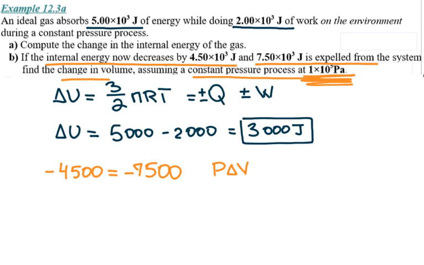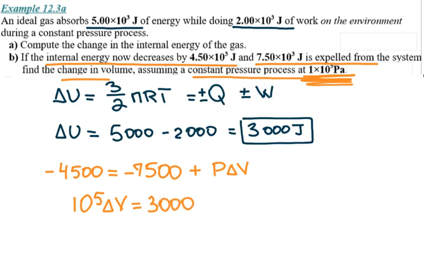And because the pressure stays the same, I know that there was positive work done on the gas, so the volume decreased, not increased. So I'm going to plug in a positive sign over here. Now I have the pressure, which is 10 to the 5th, times the change of the volume, is equal to 3,000.